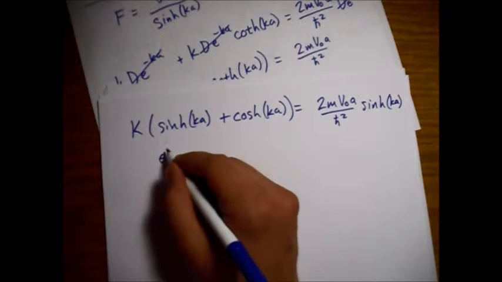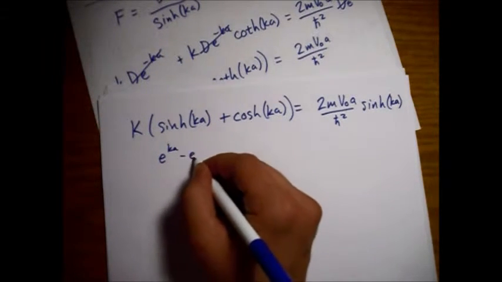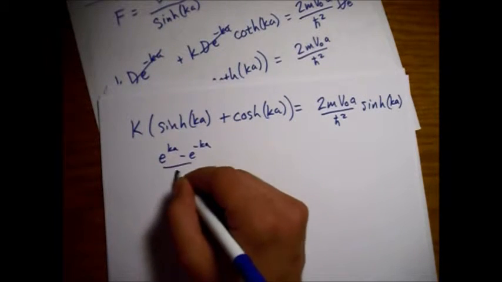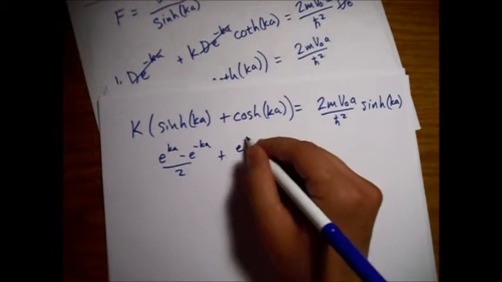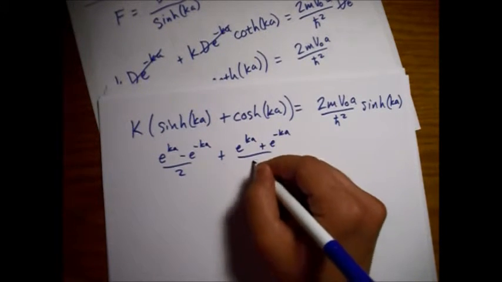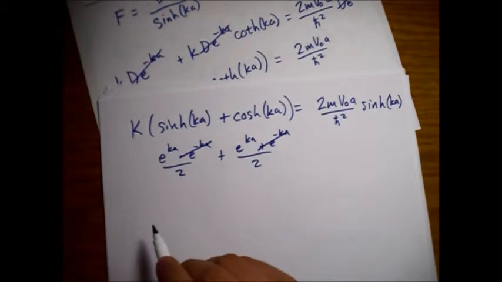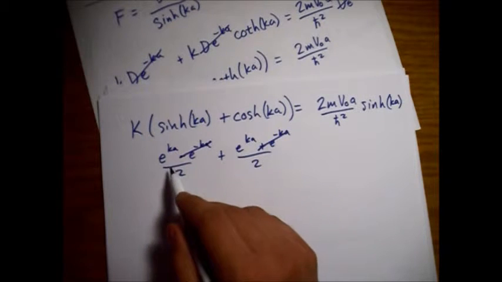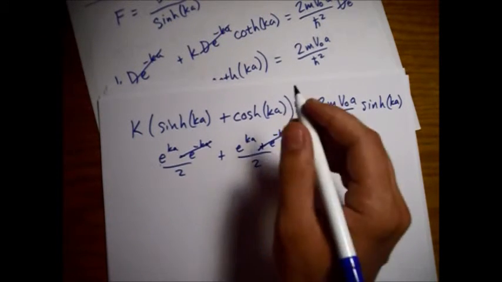Hyperbolic sine is e to the ka minus e to the minus ka divided by 2, plus e to the ka plus e to the minus ka divided by 2. All right, so these two are going to subtract out, and half of this plus half of this equals the whole of it.